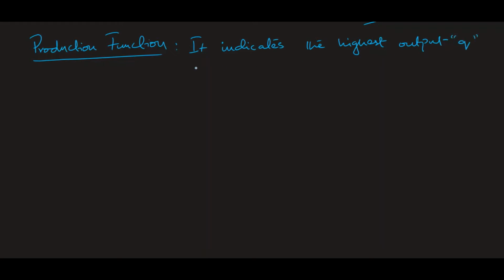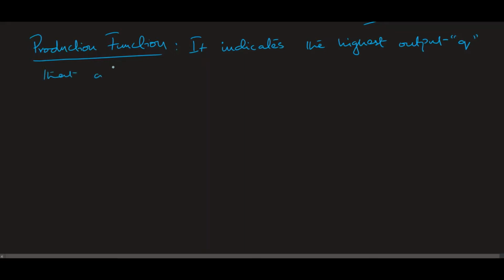I guess we have understood the production function in Econ 100, where you must have studied it. The production function indicates the highest output, which is denoted by q, that a firm can produce for every specified combination of inputs.